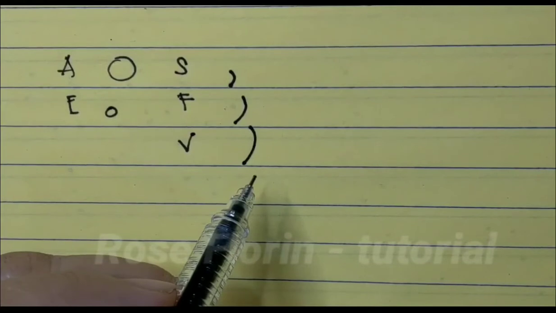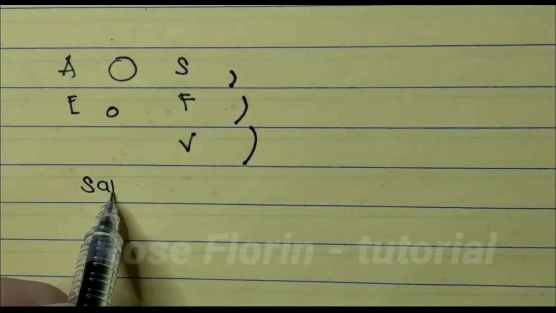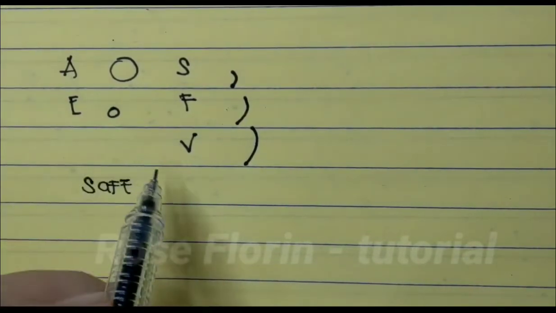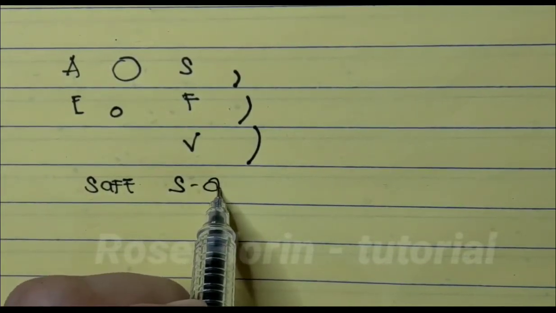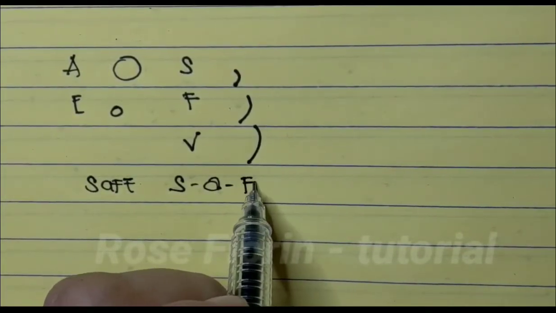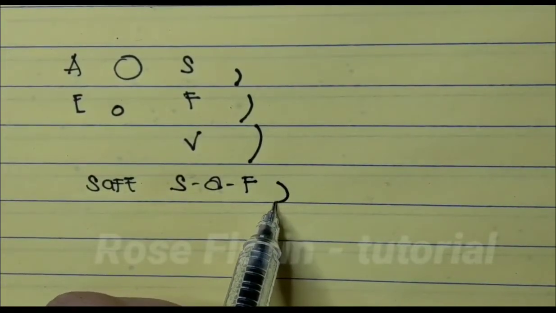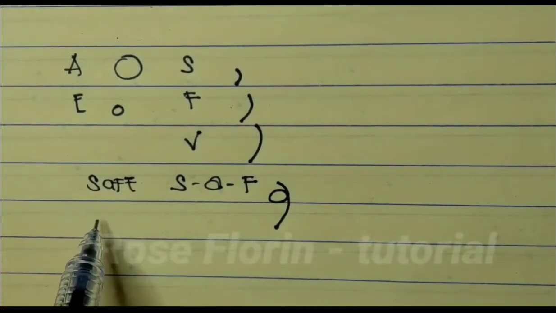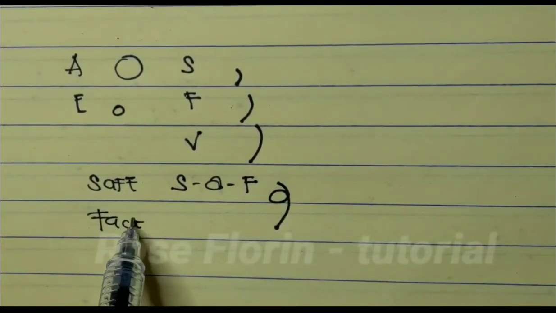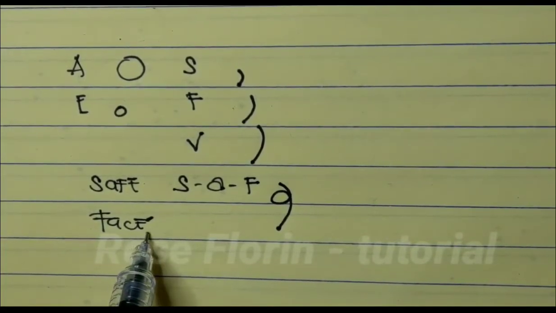Okay. So from the word safe, we heard that this is letter S, A, and then F. So letter S, A, F. Next, face. Again, for face, letter E is omitted.